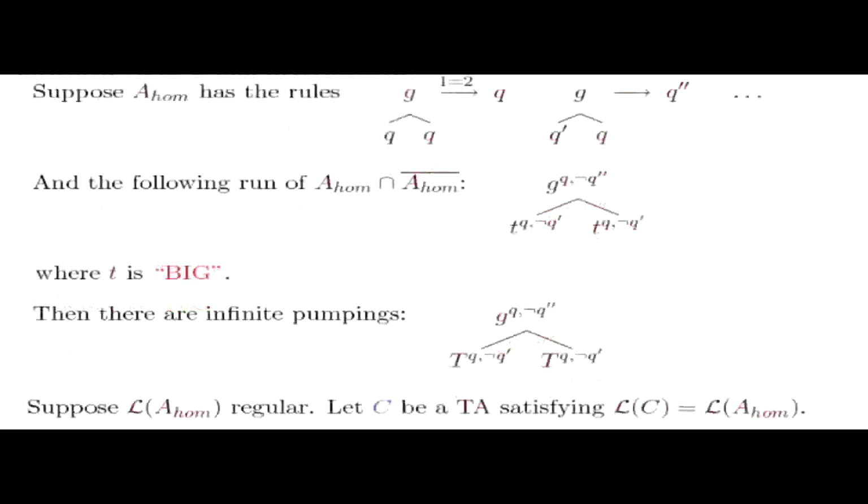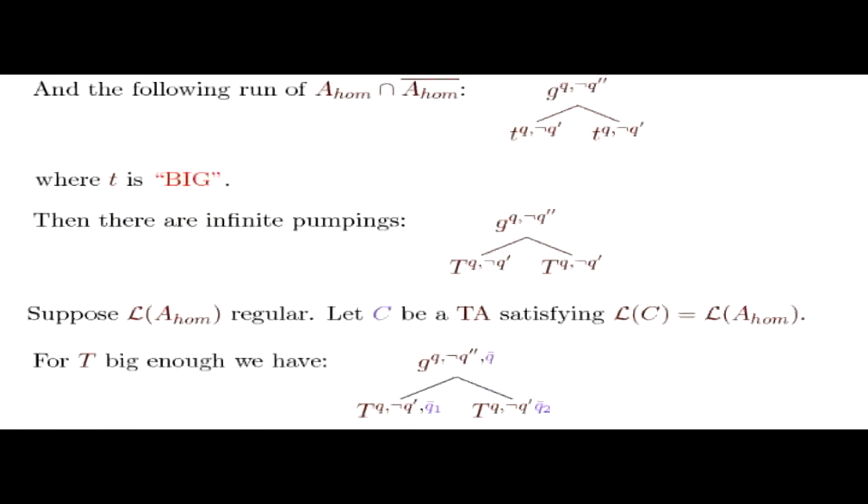Now, suppose the image is regular and let C be a tree automaton recognizing it. We take a big enough T among the infinite ones we have and combine the execution of C here. Note that the top state of C must be accepting since this term is from the image.